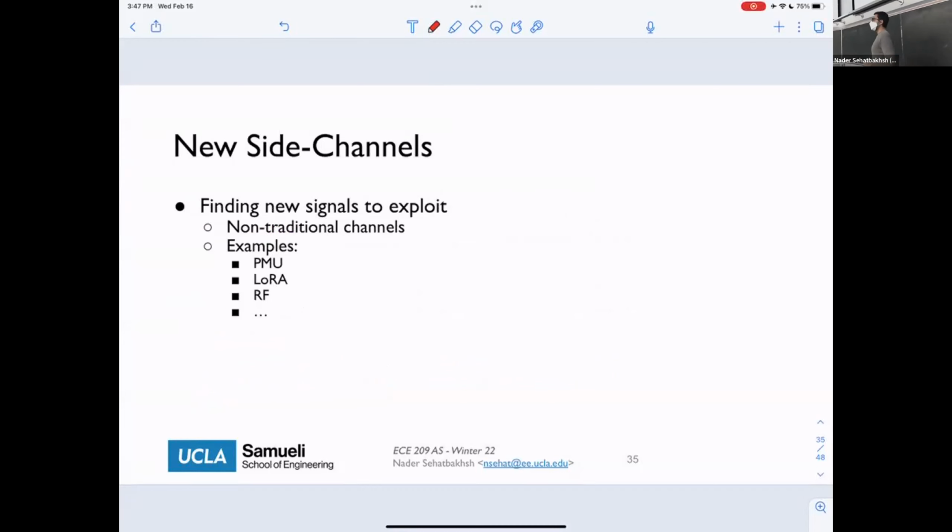As I said, for the new channels for attacking systems, people are starting to look at non-traditional ways of attacking them. For example, people have found that changes in the power management unit can create a physical side channel, and that this can be exploited to know what's going on in the processor.